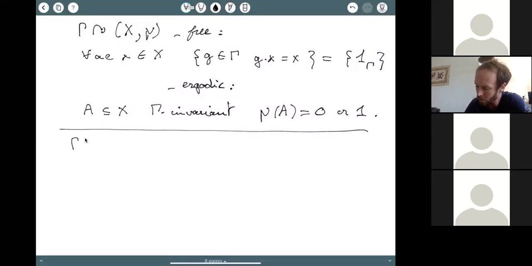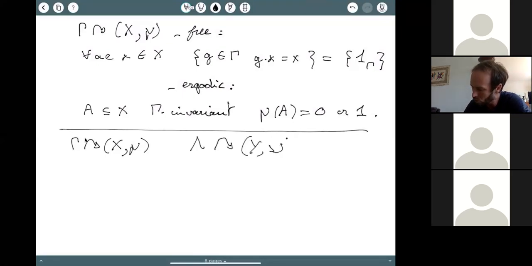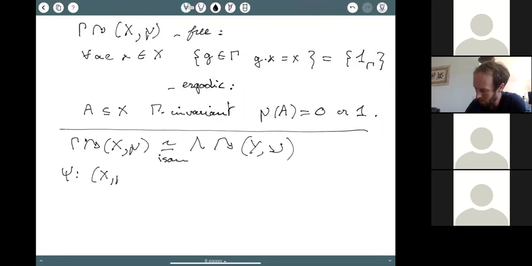So naturally, if you have an action of gamma on (X, mu), a PMP action as I defined, and another action of lambda on (Y, nu), what does it mean for them to be isomorphic? Well, in order to have an isomorphism, you need to have, of course, an isomorphism between the spaces, which is a measure space isomorphism, a probability space isomorphism.